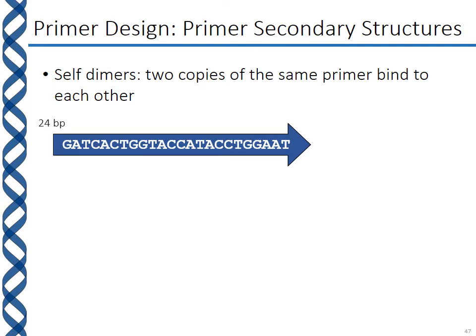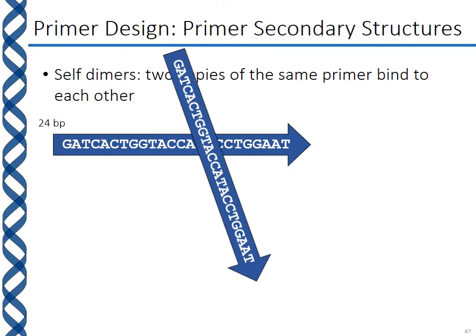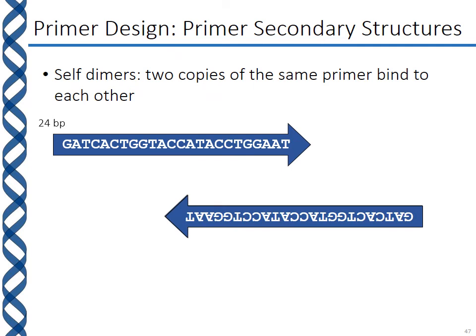So if we have, for example, this 24 base pair primer molecule, let's call this our forward primer, a second copy of the forward primer will have the same sequence, but if you orient it in the anti-parallel fashion, and there happen to be these regions that will form complementary base pairs when oriented in this manner, you can get these primers binding to each other.